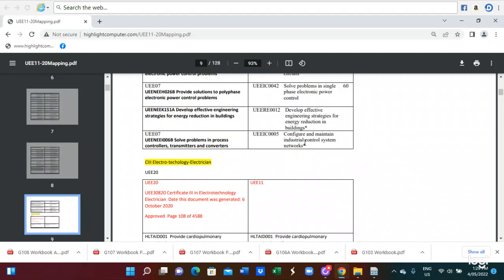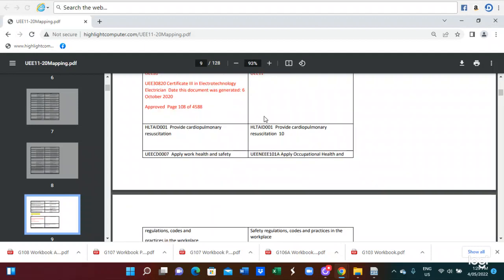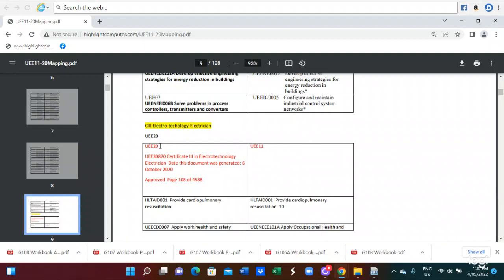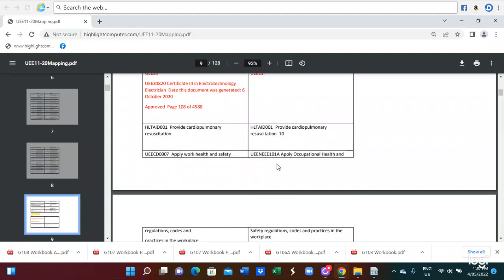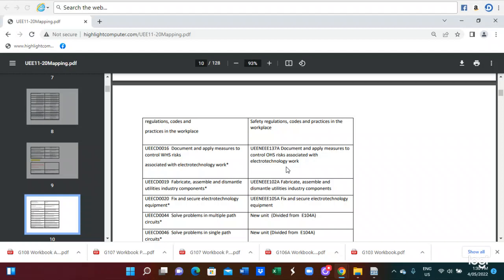This is the electrotechnology training package, UEE11 training package and UEE20 training package, so they are equivalent units. For an equivalent unit, you can still use the UEE11 unit to deliver the UEE30820.